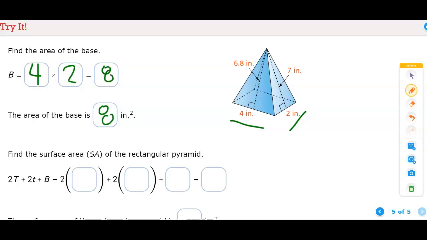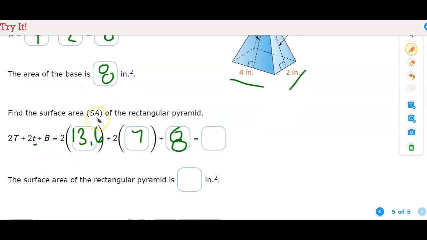Now it says find the surface area of the rectangular pyramid using this formula: 2 times big T plus 2 times little t plus b. The base was 8, so I wrote in the 8. My big T was 13 6/10. My little t was 7. Now we have to multiply. 2 times 13 6/10 should be equal to 27 2/10.